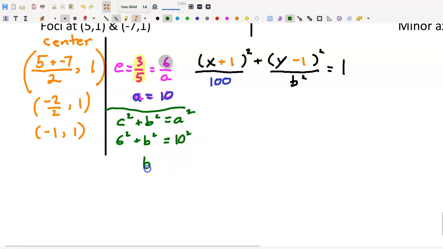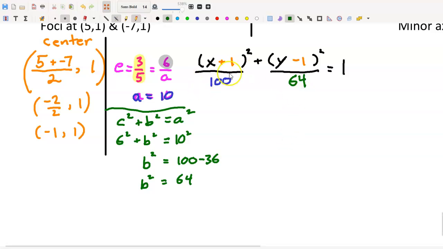And now it's just a matter of solving. We got 100 minus 36. B squared is 64. So now I have B squared, and I can put that up here, 64.